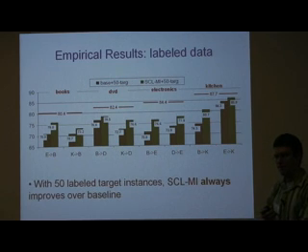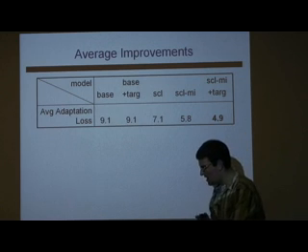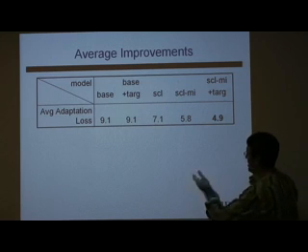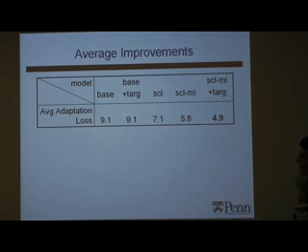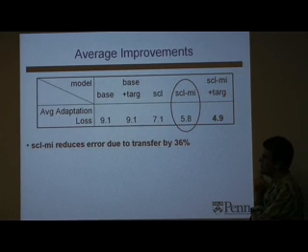Okay, so I showed you guys a bunch of results here, and I want to kind of help distill them. So first, even without any unlabeled data, we reduce error due to transfer by 36%.